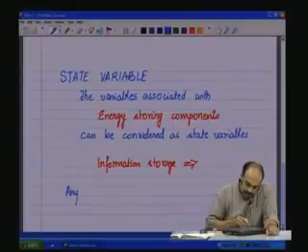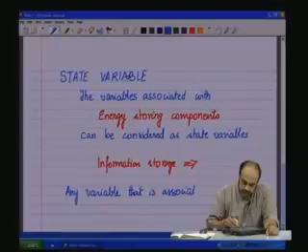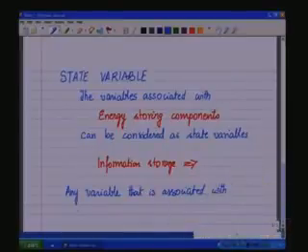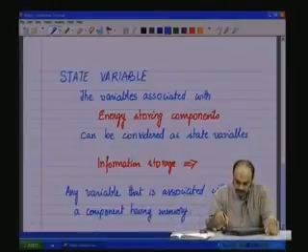Any variable that is associated with a component having memory is a candidate for being considered as a state variable.